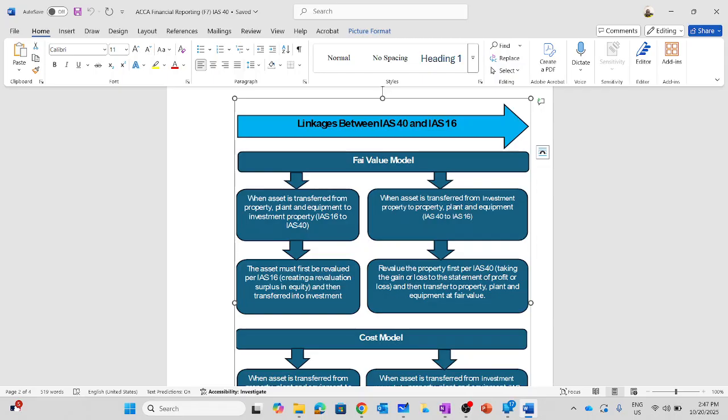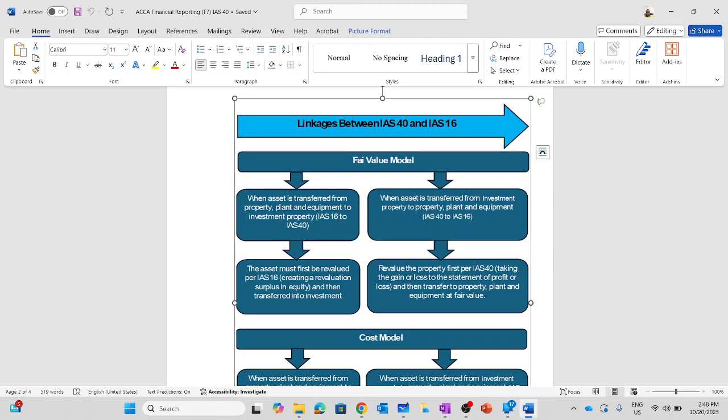On that date, we revalue the property first. Then the gain or loss should be taken to the statement of profit or loss, which is simple. Then we need to transfer the asset under IAS 16. We are going to start accounting for it under IAS 16, not IAS 40 anymore, under the fair value model.